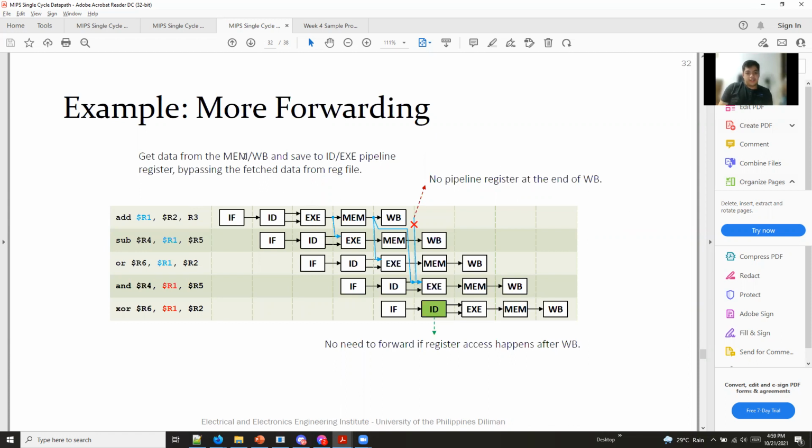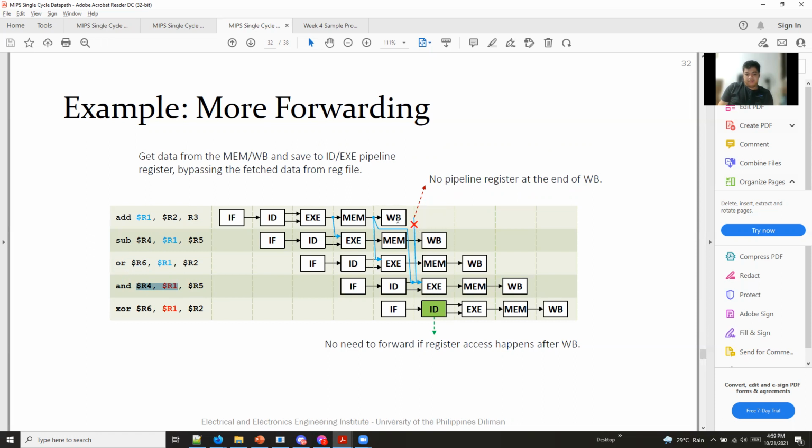Then, more examples of forwarding. Kung kailangan ng R1, si R1, finorward mo na siya dito sa second instruction, and then pwede mo rin siyang i-forward dun sa third instruction. Tapos, dito rin sa fourth instruction, pwede mo rin siyang i-forward. Pero pag finorward mo siya to the fourth instruction, hindi ka pwedeng kumuha dun sa write back.